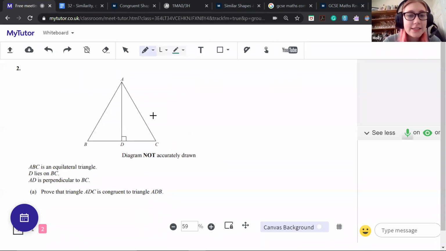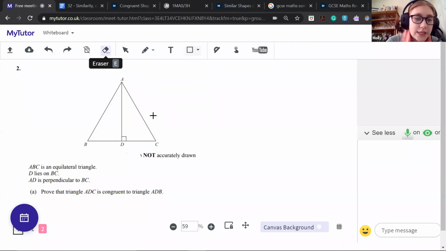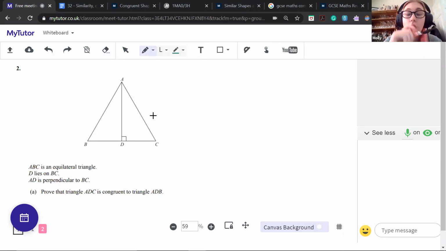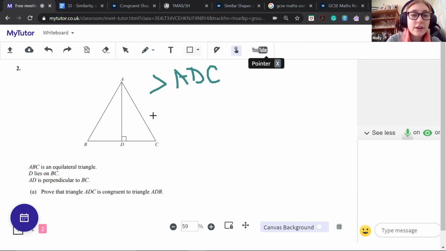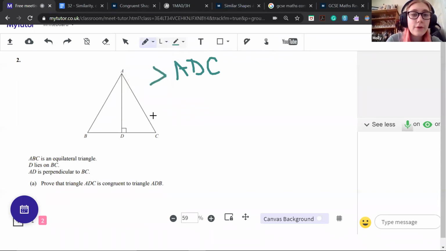We say that, so remember, you have to go through each step, each angle one by one, and say what it is. So we're going to say that, oh, and this is the other thing. We can say angle ADC to mean this angle here, or we can write triangle ADC to mean the triangle where you connect it back up.